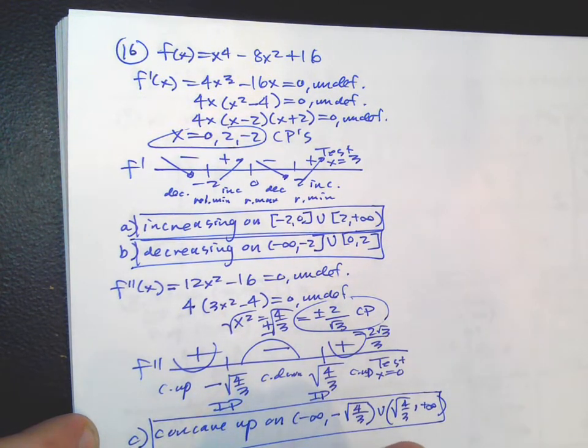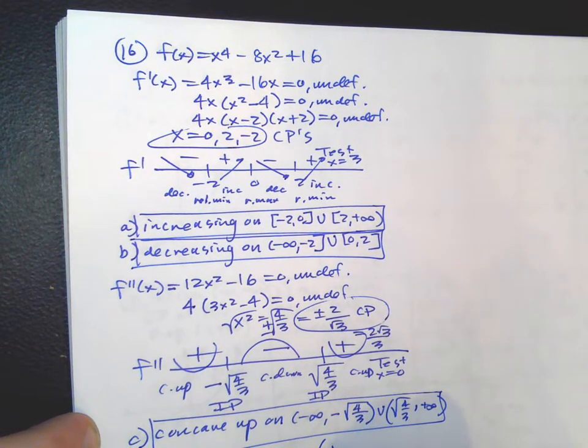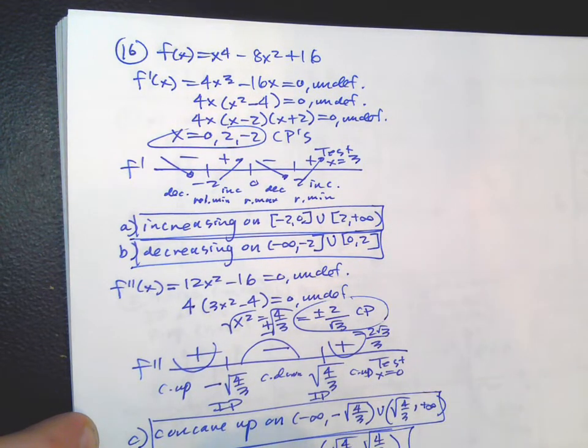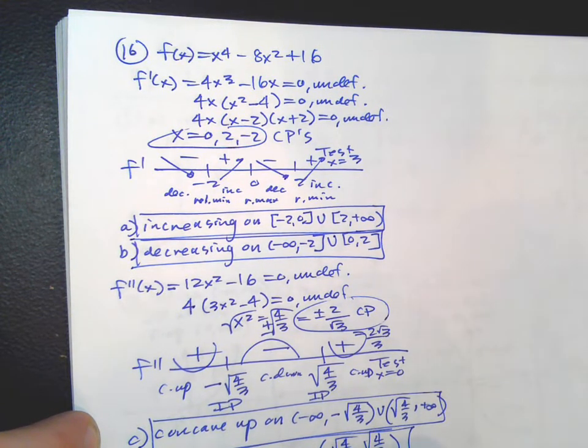D, concave down on negative square root of 4/3 to positive square root of 4/3. Do not include the endpoints. E, inflection points at x equals negative square root of 4/3 and positive square root of 4/3.